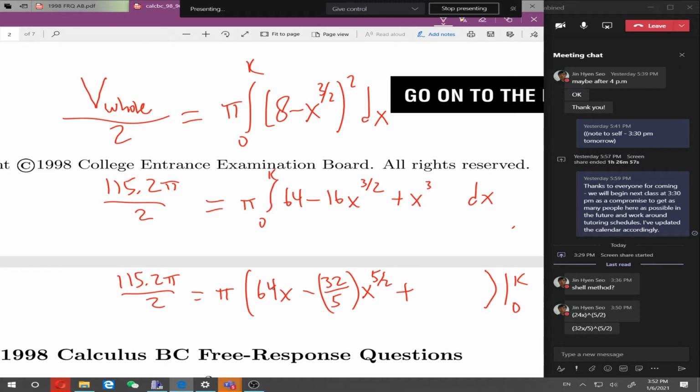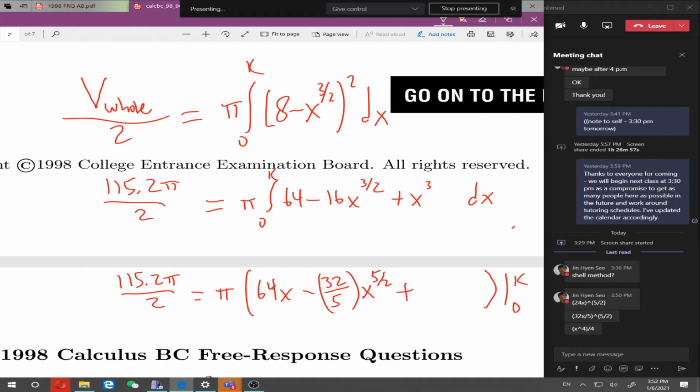Integrate x cubed, and we get x to the 4th over 4. Okay, I'm going to jump over to Kyle and we'll finish this off.